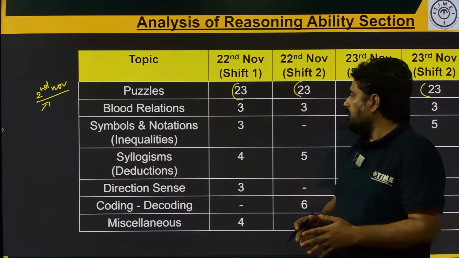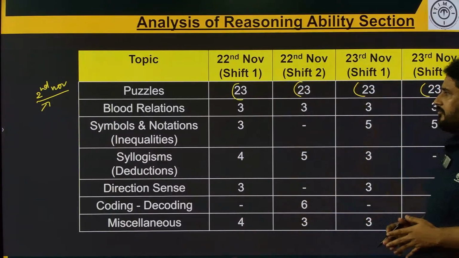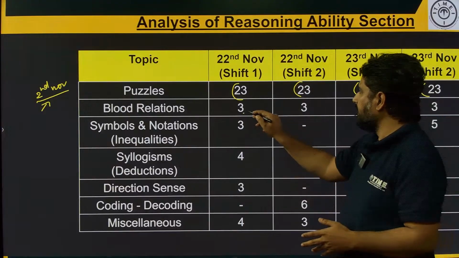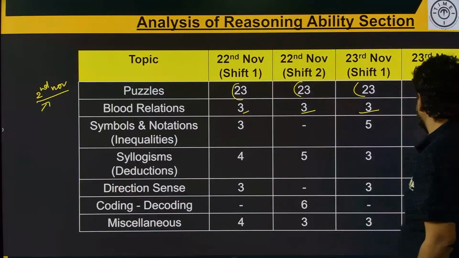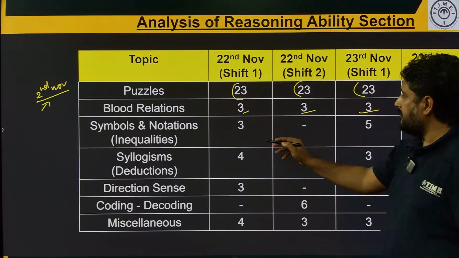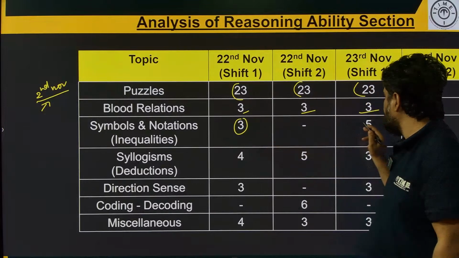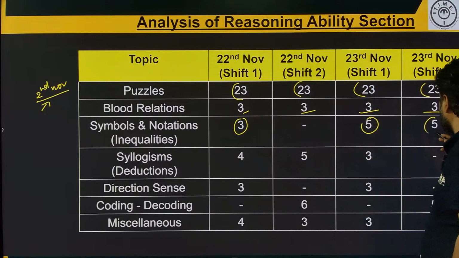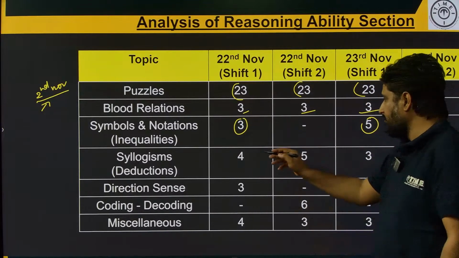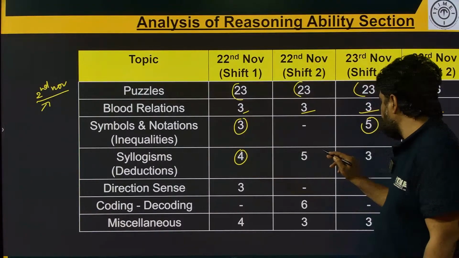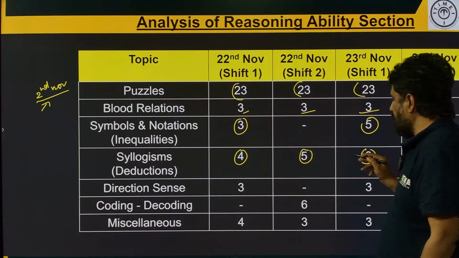Across all the slots, puzzles are given 23, 23, 23, and blood relations are given 3 questions in each of the slots. Symbols and notations appeared in 3 slots with a weightage of 3 to 5 questions. Similarly, syllogisms with a weightage of 3 to 5.